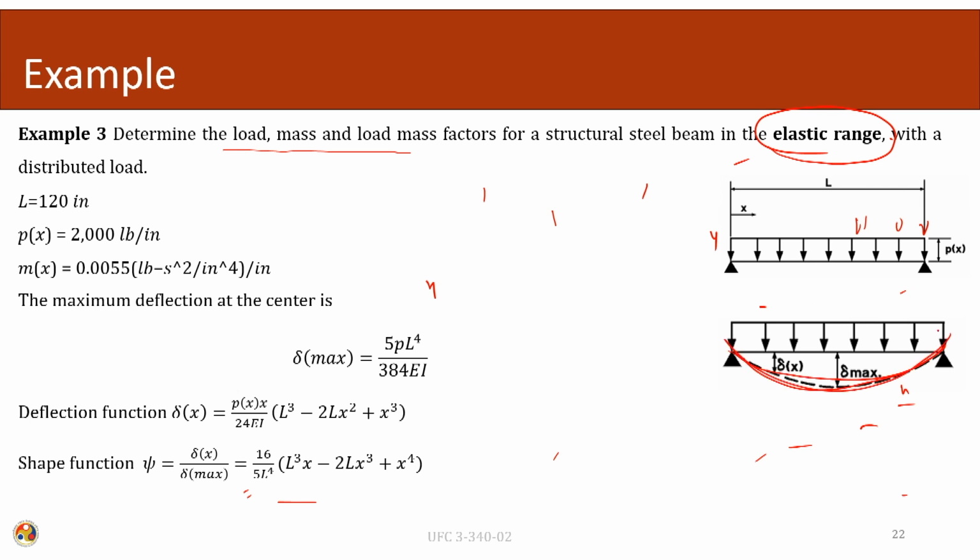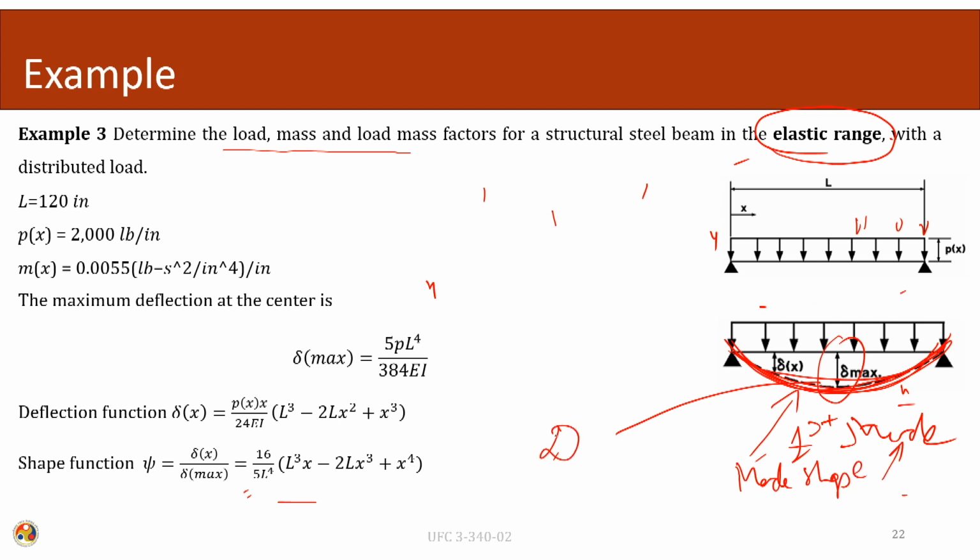So, it will follow this elastic curve. This is the first mode shape, this is the mode shape. This is the chosen degree of freedom. So, the mode shape is this one, this is the chosen degree of freedom and the behavior is elastic. It means that it will follow an elastic curve.